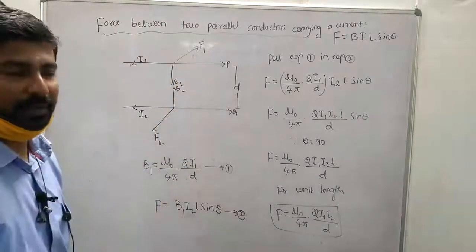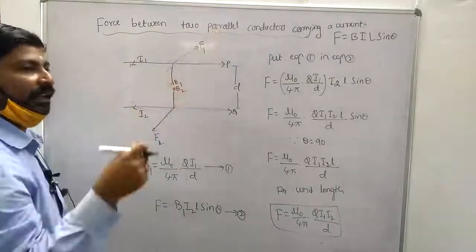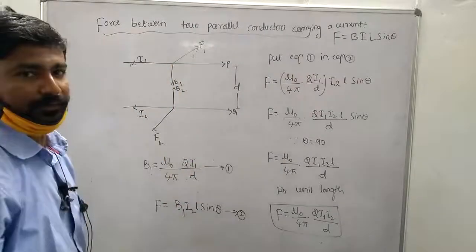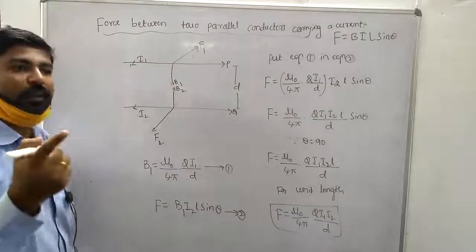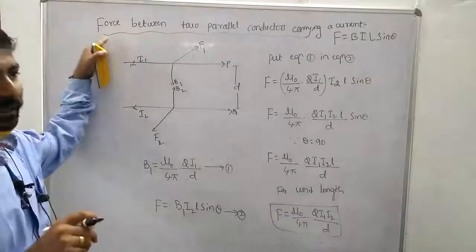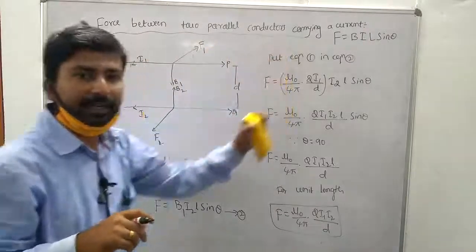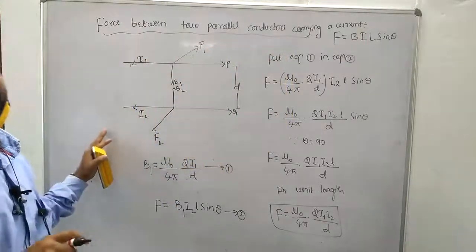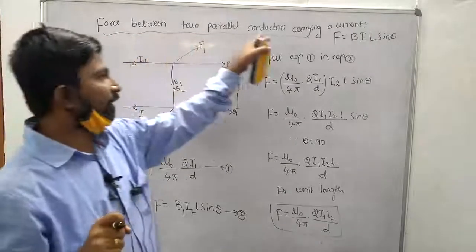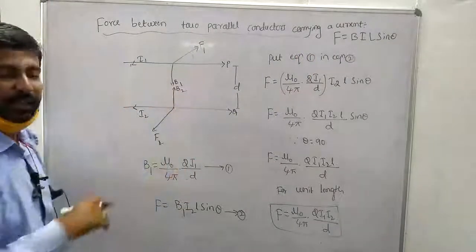Suppose the force between two parallel conductors carrying a current in opposite direction, then it will be repulsion. This is asked one or two times in NEET and CET. Once again, the force between the two parallel conductors carrying a current in the same direction will be attraction. Suppose the current is in opposite direction, it will be repulsion.